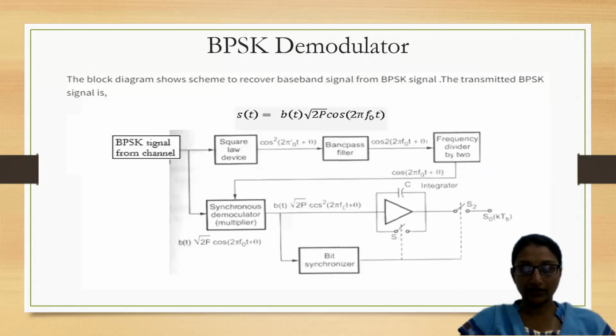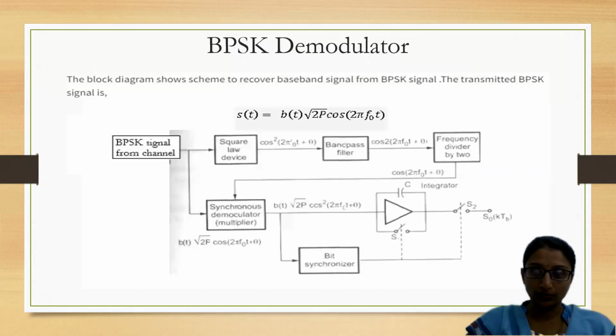So what is happening here? S of t can be expressed as b of t times under root 2P cos 2 pi f naught t. That means the amplitude A can be further written as under root 2P.